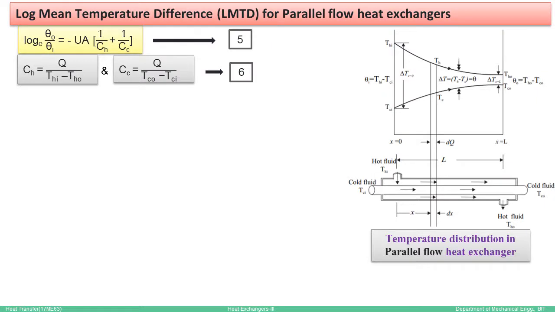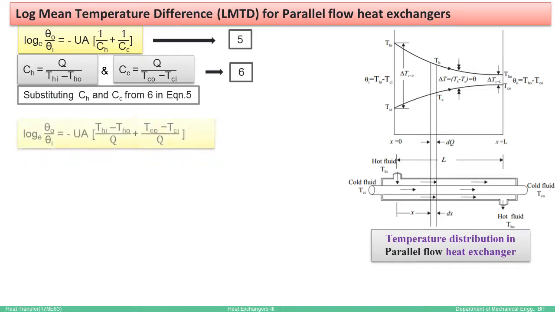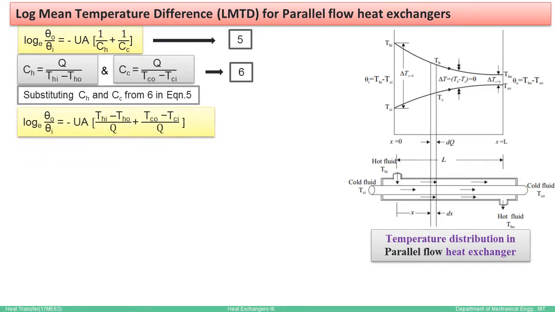So we have equations 5 and 6 with us now, and substituting CH and CC from equation 6 into equation 5, we get log of theta naught by theta I to the base e is equal to minus UA into THI minus TH naught plus TCO minus TCI by Q. And since Q is common in the denominator of the RHS, we can take it out and express it.